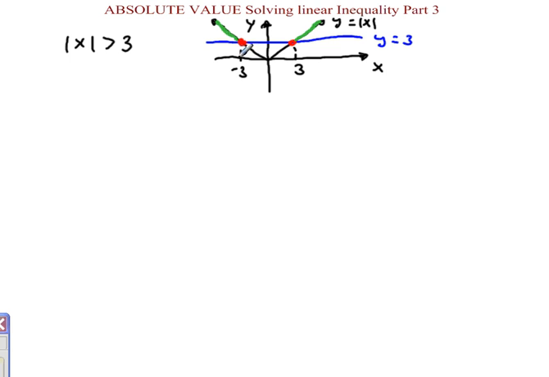Anything to the left from negative 3 would make it possible. Any number, like let's say negative 4, the absolute value of negative 4 is 4, greater than 3. Good. So any number that is less than negative 3, or any real number that is greater than positive 3. So 4 also would work, positive 5, anything, fractions, what have you.